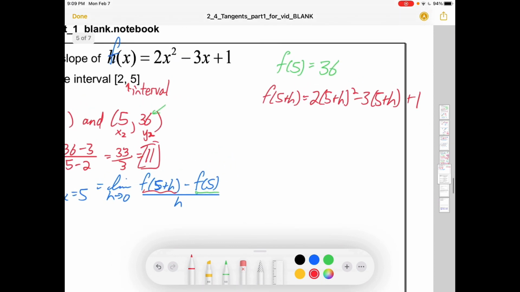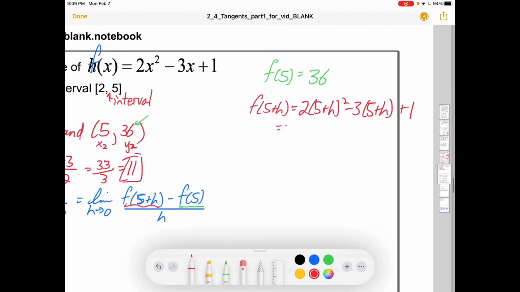Okay. So we're going to have to hop in here and carefully FOIL this out. 10h plus h squared minus 15 minus 3h plus 1. Or 50 plus 20h plus 2h squared minus 15 minus 3h plus 1.